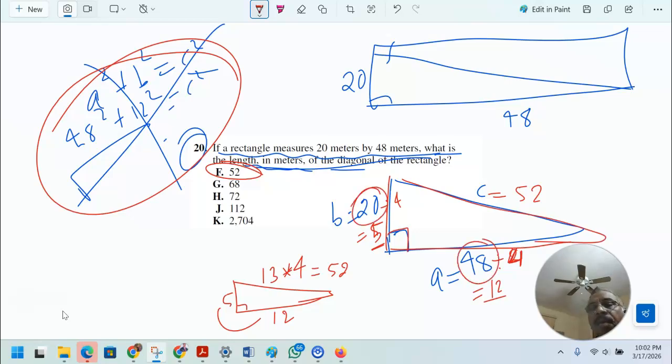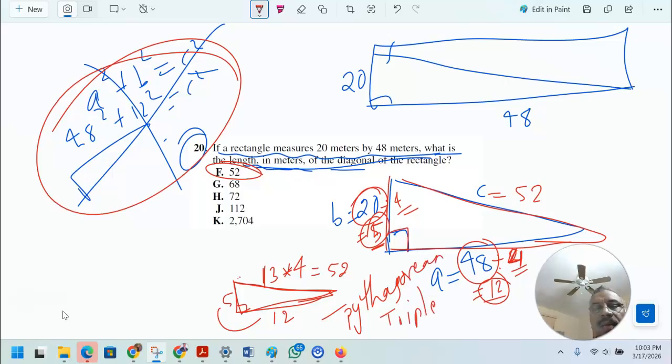See what is the greatest common divisor for both. I showed you 4 divides, and you got these two numbers. Then you think of a triangle and remember the Pythagorean triplet, where you just know it's 5, 12, and 13.